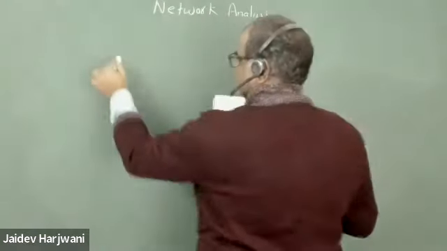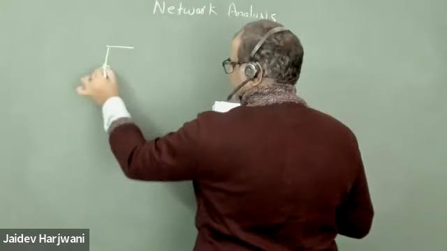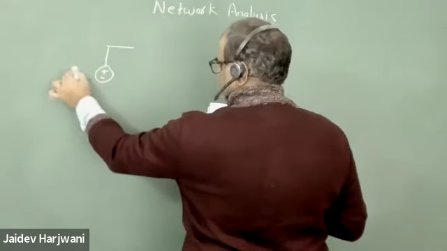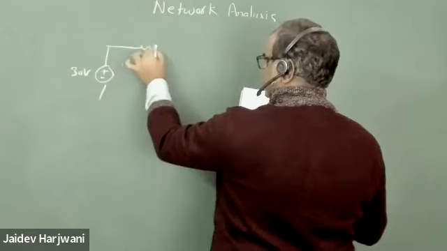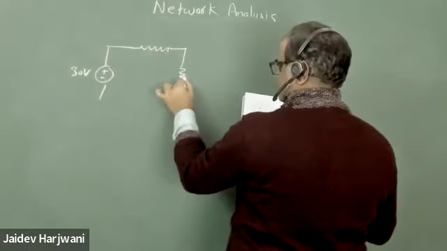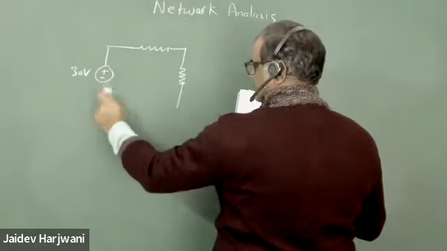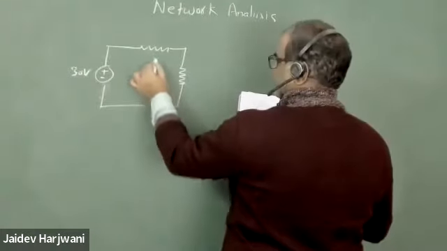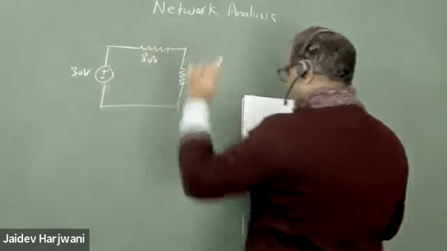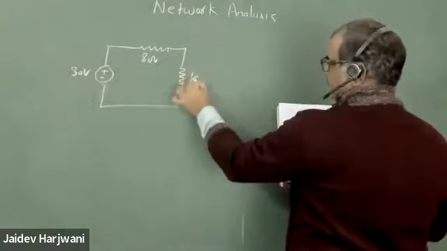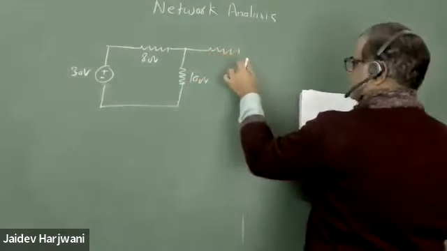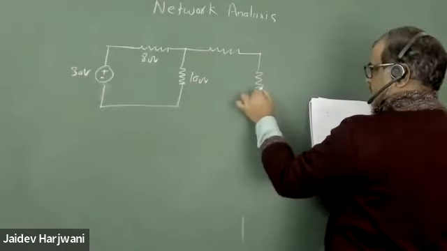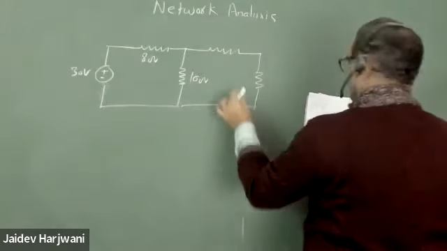Okay, let me give a similar type of question, plus minus 30 volt. If you have 8 ohm, I'm not putting plus minus now, you have to decide. Okay, if you're getting confused, you yourself decide which is positive, which is negative. 2 ohm.